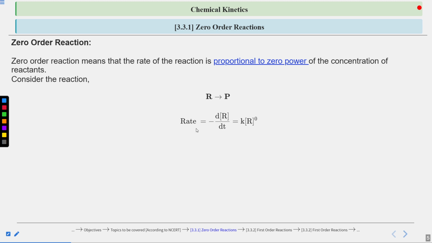What we are saying is that rate is equal to minus dR by dt, that means the rate of change of reactant. This is defined as k multiplied by the reactant concentration to the power 0. k is a reaction constant.